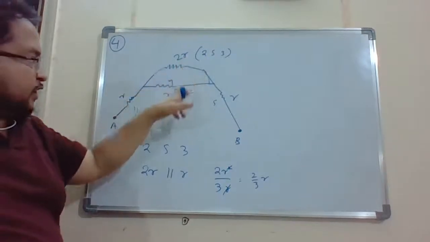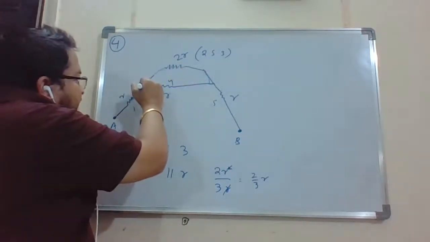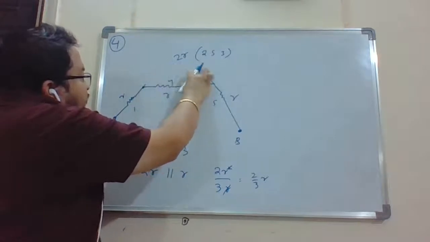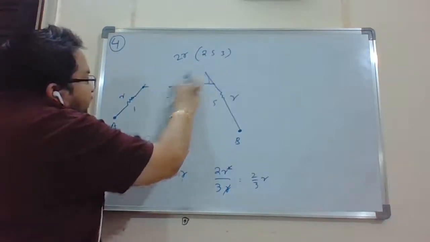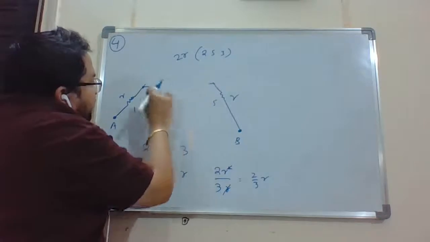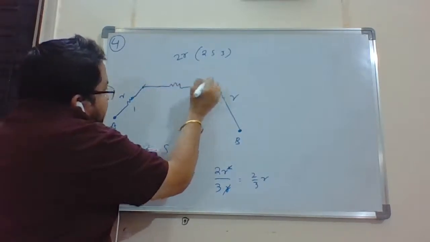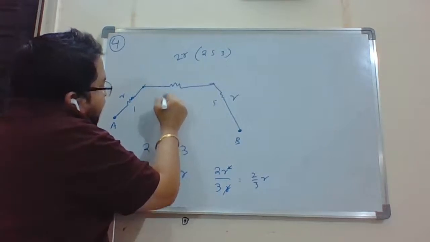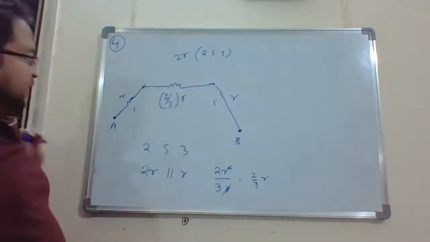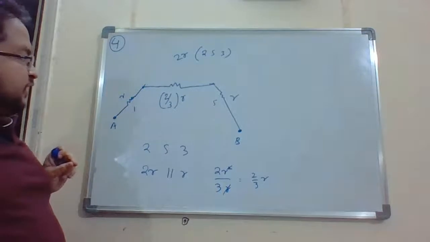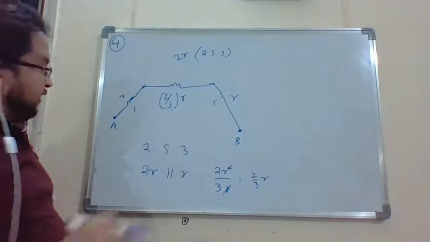So if these two are in parallel, can I say that at this point I would remove both of them, and can I put a resistor of resistance 2 by 3 R.